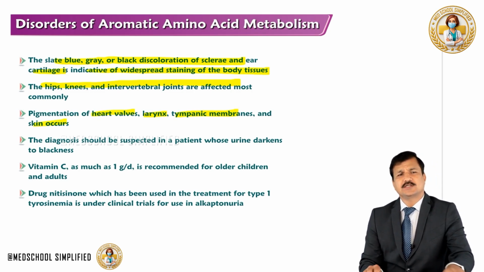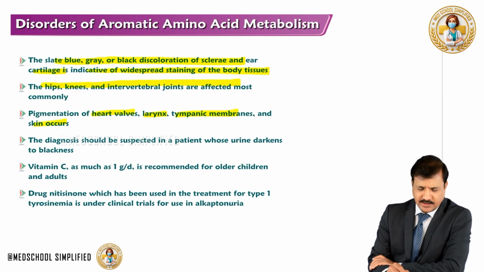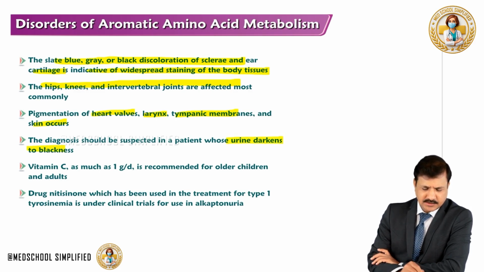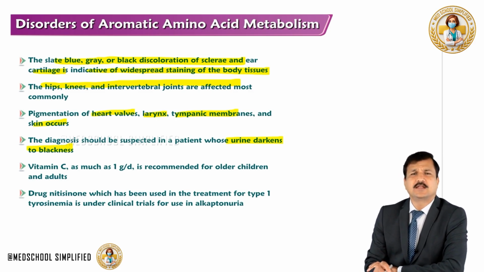The diagnosis should be suspected when a patient's urine darkens to blackness, which is one of the early signs that help in the diagnosis of Alkaptonuria.